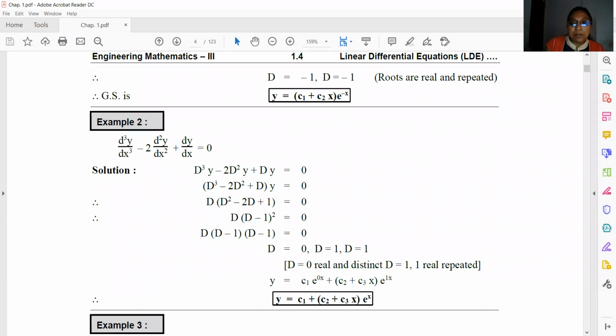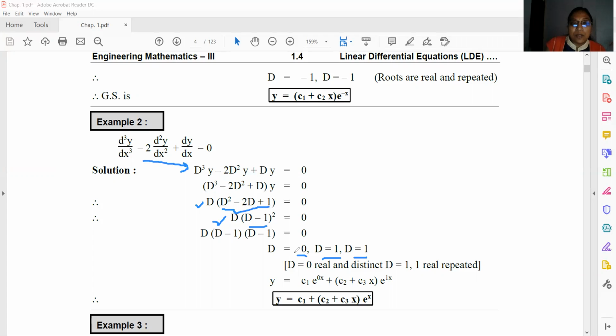Now in this example, when we convert it in terms of capital D, and take y common, we have this auxiliary equation as D cube minus 2D square plus D equal to 0. So take D common, and then D square minus 2D plus 1 is a perfect square, (D minus 1) whole square. So when we solve this, we have 3 roots: 0, 1, 1.